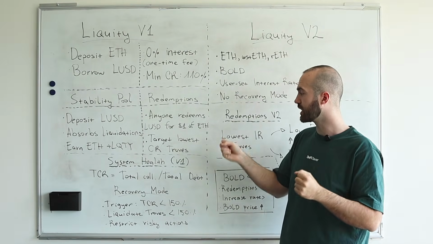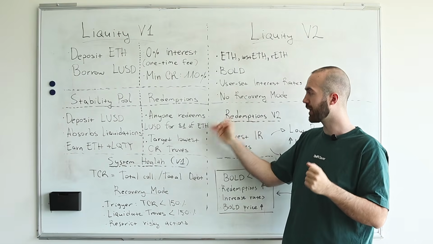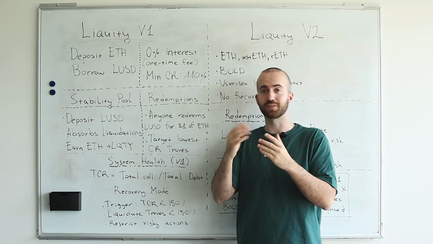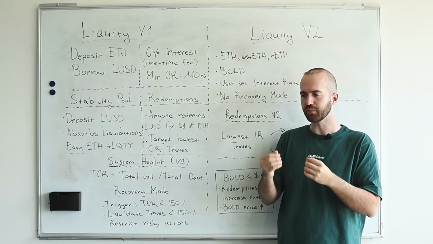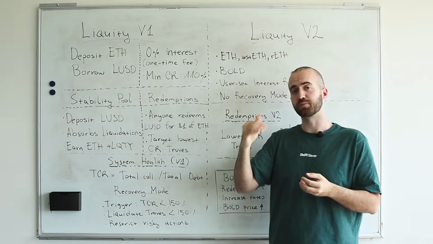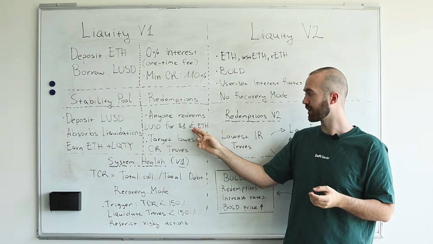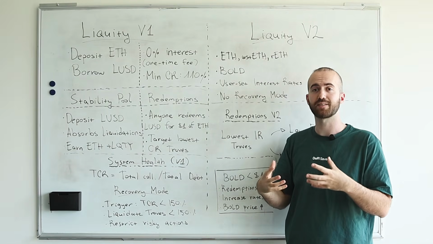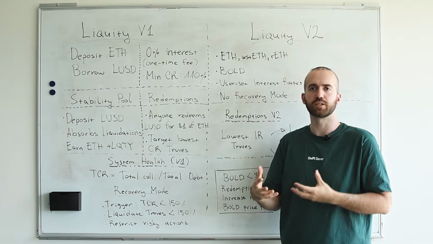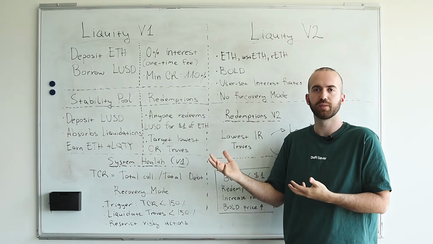What's the key idea of this mechanism? It's to keep LUSD pegged to $1. If for some reason, through market trading, LUSD's price falls, this mechanism instantly incentivizes people to keep buying and redeeming it, because they're essentially getting ETH at a discount.